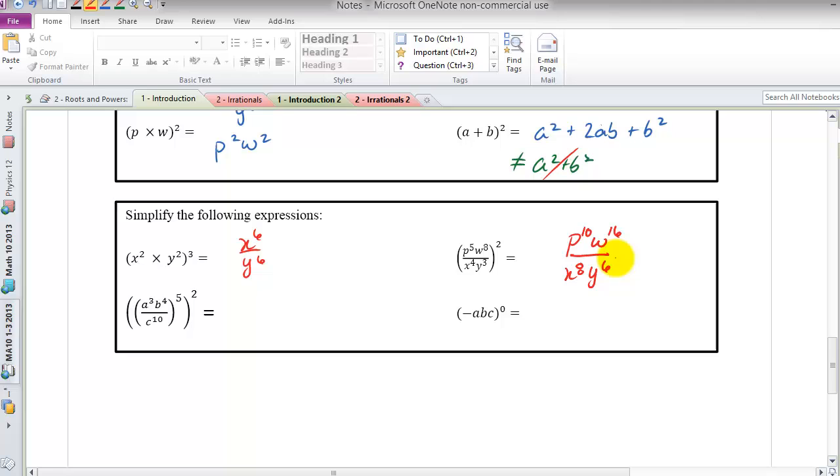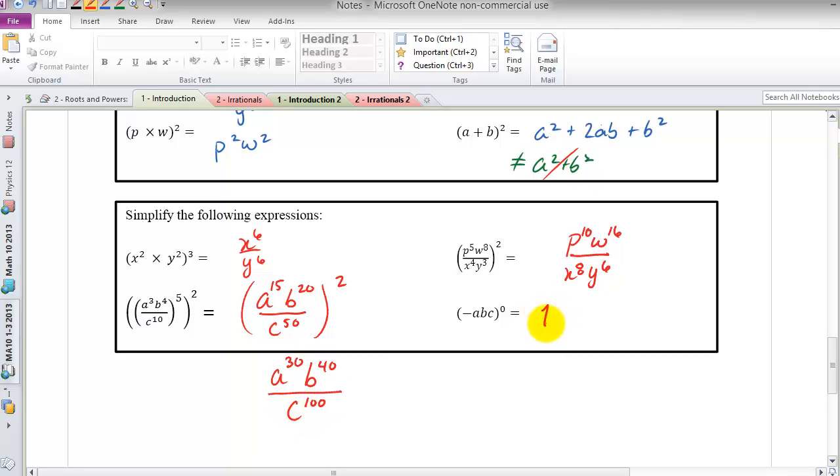So that's that one. This one we can do in two operations. First we'd say a to the power 3 times 5 is 15, b to the power 4 times 5 is 20, divided by c to the power 10 times 5, so that's c to the power 50. And then that's all squared, so we do that again. a to the power 15 times 2 is 30, b to the power 20 times 2 is 40, and c to the power 50 times 2 is 100.